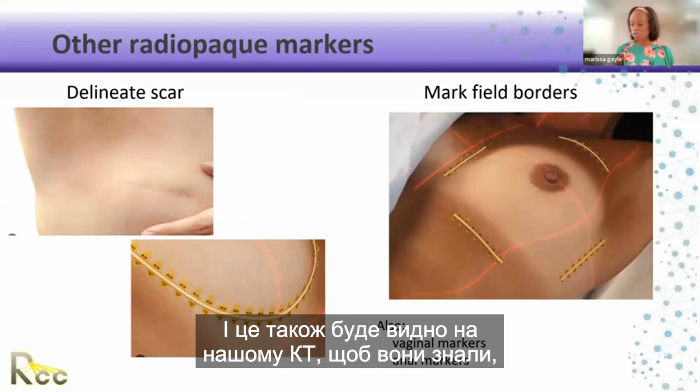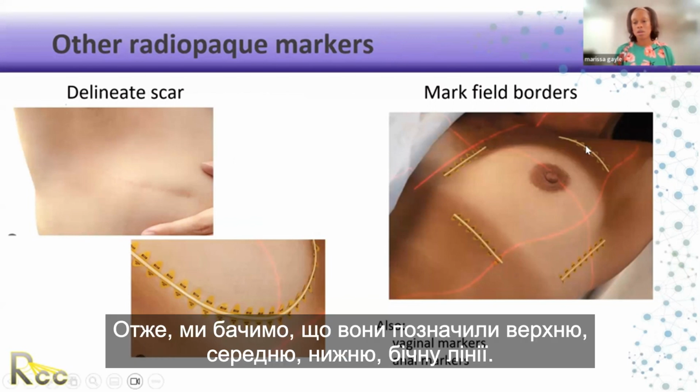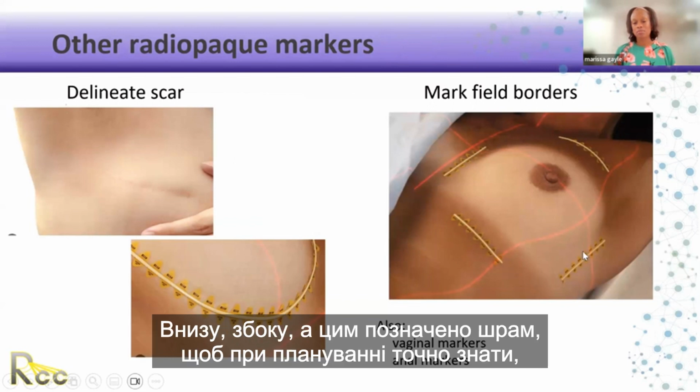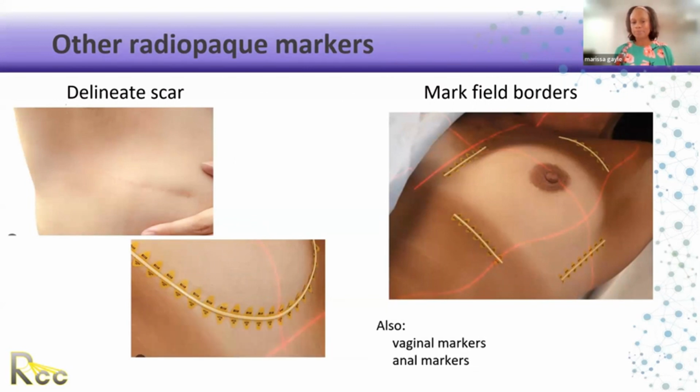This will also show up on our CT scan so they know where the breast tissue ends. So we'll see here, they mark the top, midline, bottom, lateral, and then this one is marking the scar, so that when they're planning, they know exactly where the scar is and where the breast tissue starts and ends.